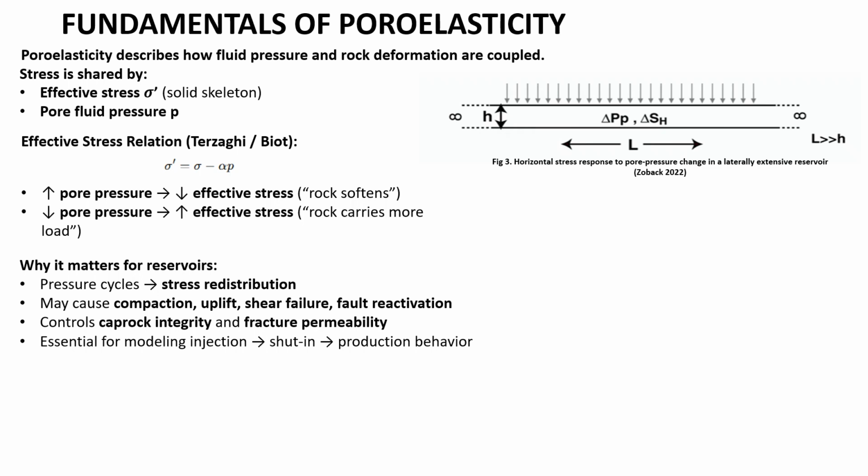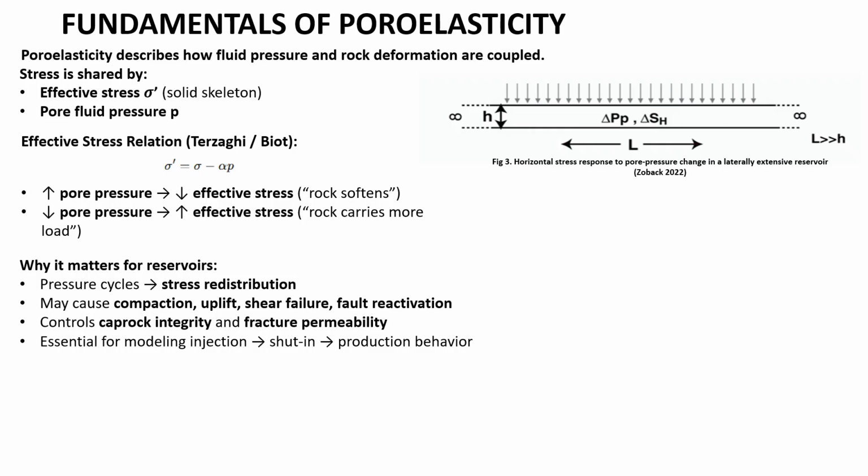This kind of reservoir is typical in the field, otherwise the reservoir would not be economically efficient. As you can see in the figure, the overburden applies vertical stress, and when we change pore pressure, for instance during production of hydrocarbons, the horizontal stresses respond accordingly.